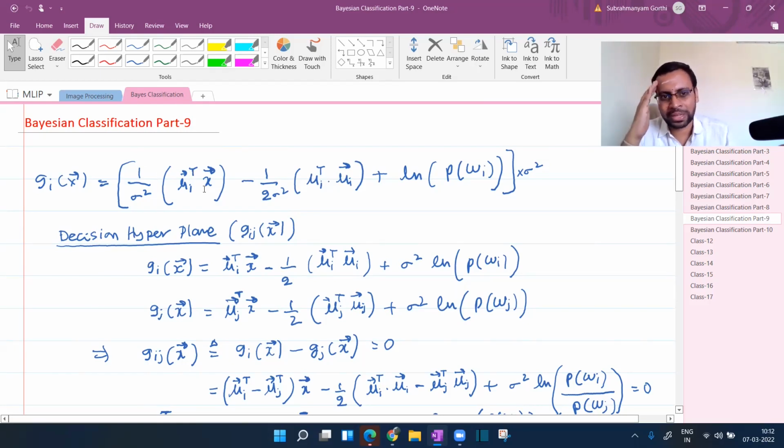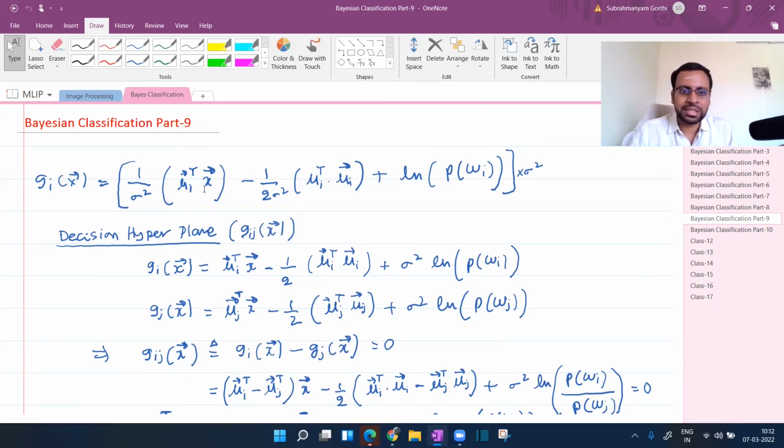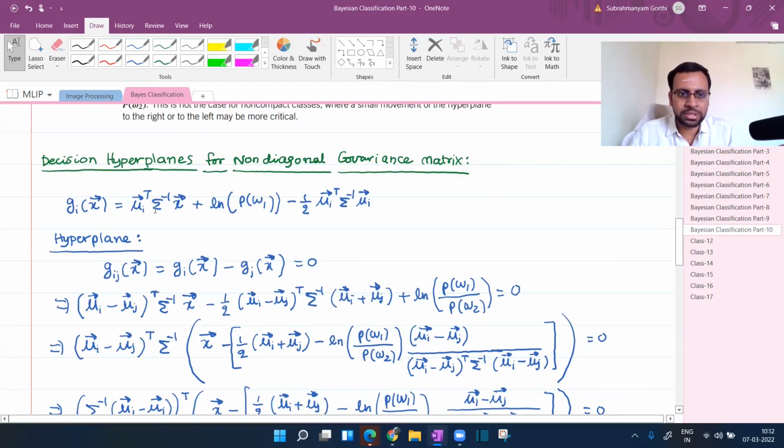Okay, a simple way to mathematically convince yourself on where sigma inverse should sit: just look at the dimensionalities of all these vectors and matrices, as simple as that. Anyway, we did it enough times, and now I'm sure you are clear that this would be mu I bar transpose into sigma inverse into x bar.